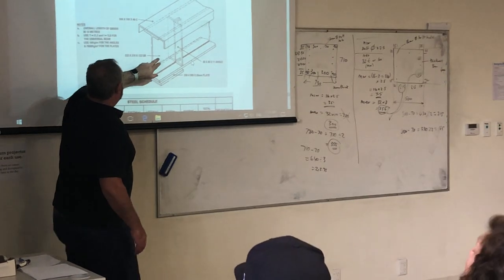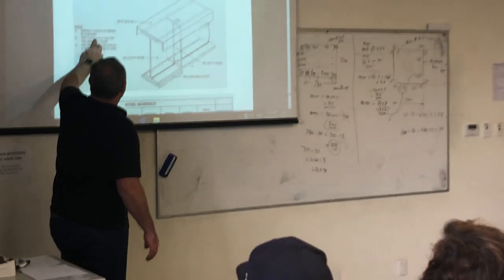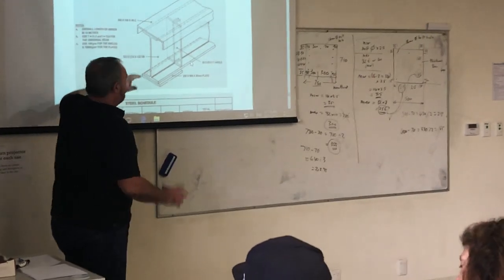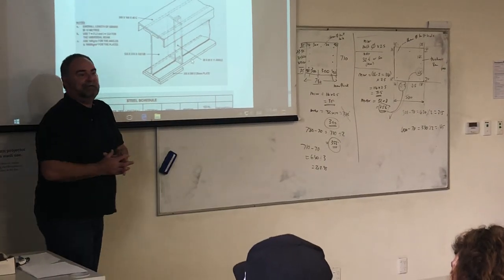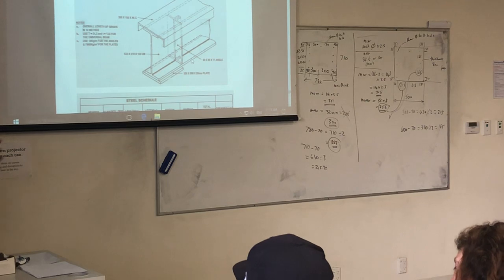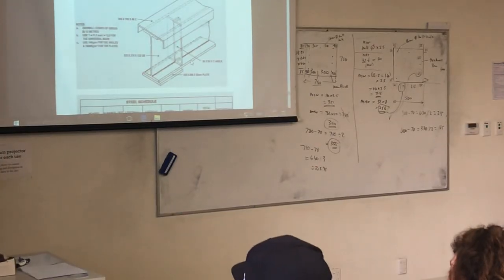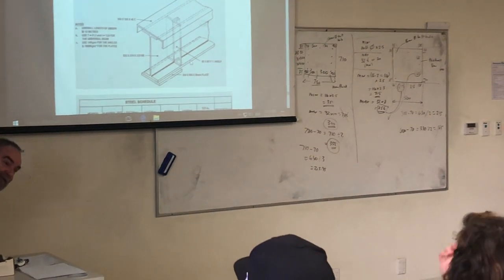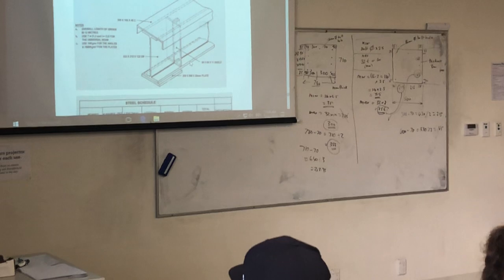And if the beam is changed, some of these will change. If the beam's the same, they'll be the same. So it's pretty close to the same thing. It's the same sketch. I've just changed the call up for the members a little bit. So if you understand the way how to do it today, to me it's an easy 2 or 3 marks in the bank if you understand it.